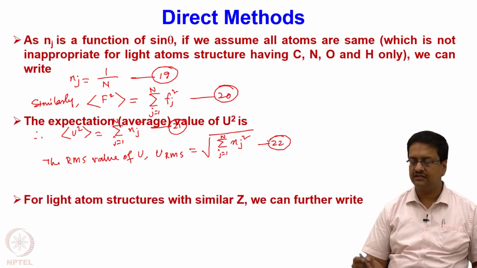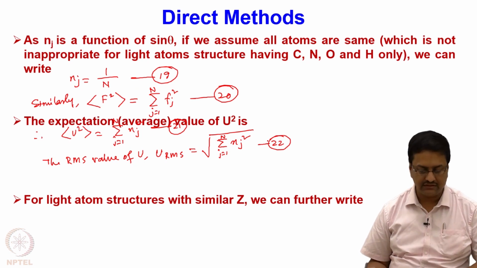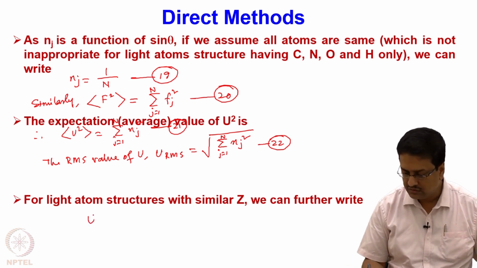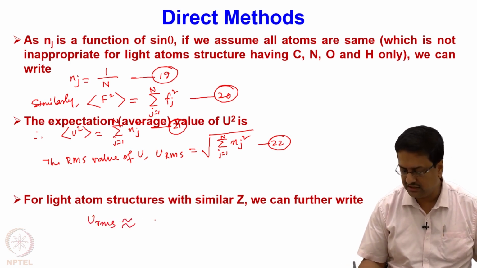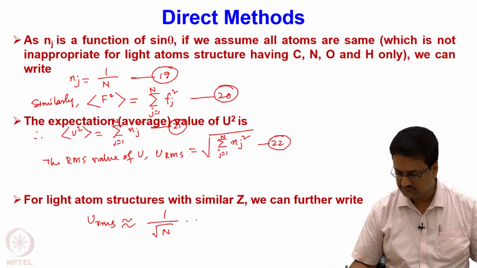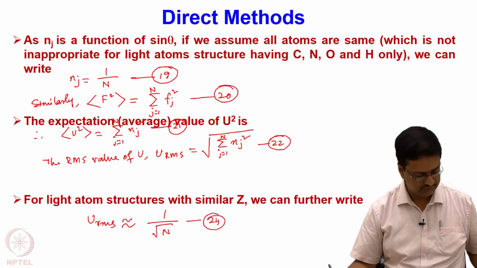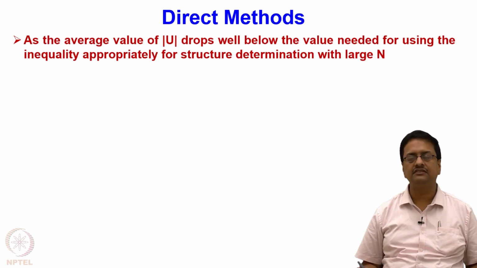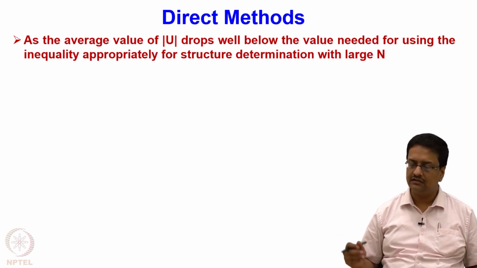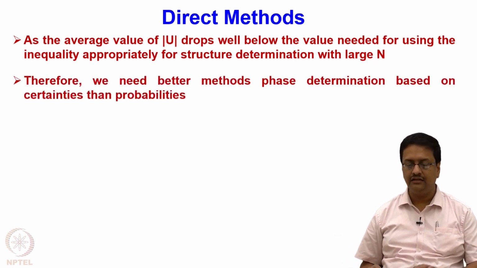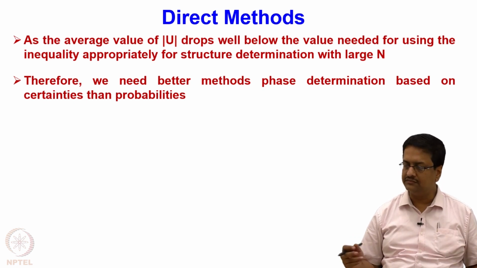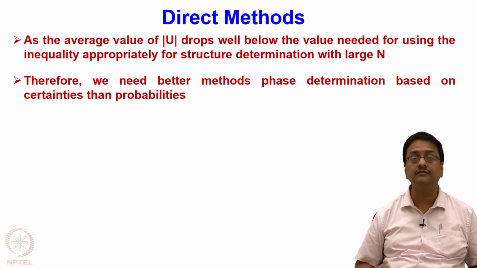So for light atom structures with similar Z, we can further write that URMS is nearly equal to 1 by square root of n. As the average value of U drops well below the value needed for using the inequality to work for structure determination with large n, we need better methods to determine the phases based on certainties rather than probabilities.